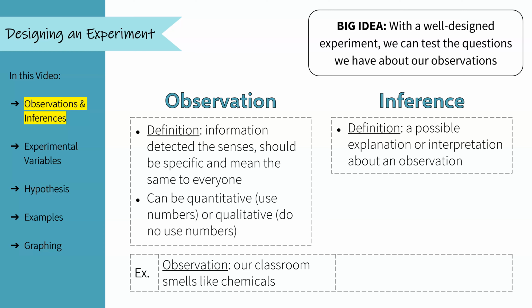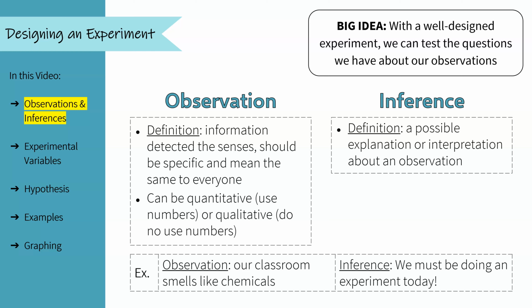That would be my inference about what I've observed. If I walk in the dining hall and it smells like French fries and chicken nuggets, I would infer that that's what's for lunch. So for our observation, our classroom smells like chemicals, I might infer that we must be doing an experiment today.